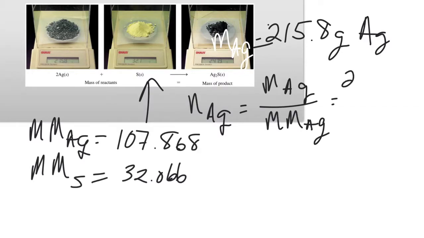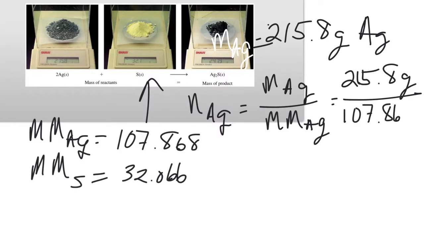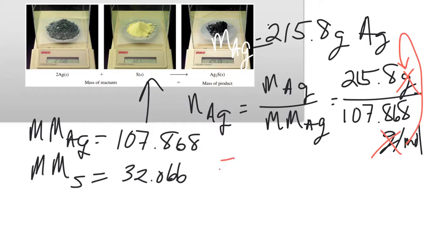And we get 215.8 grams divided by 107.868, and the units are grams per mole. As I showed before, when you do this, you get moles going into the numerator as a result of that division.